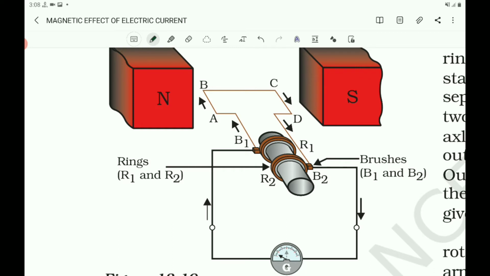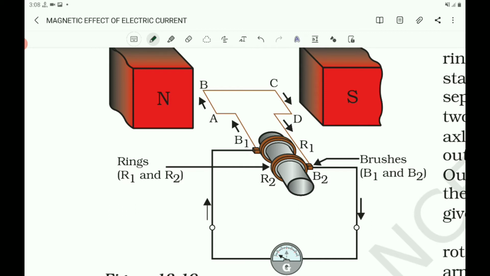This same principle is also employed to produce large current for use in homes and industry. In an electric generator, mechanical energy is used to rotate a conductor in a magnetic field to produce electricity.